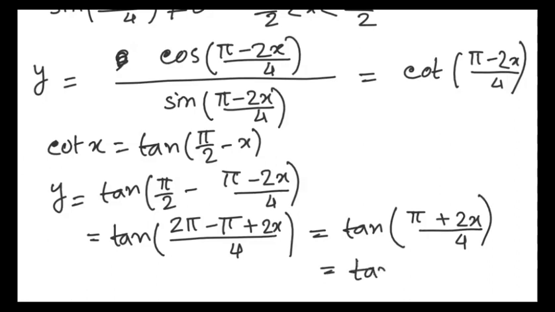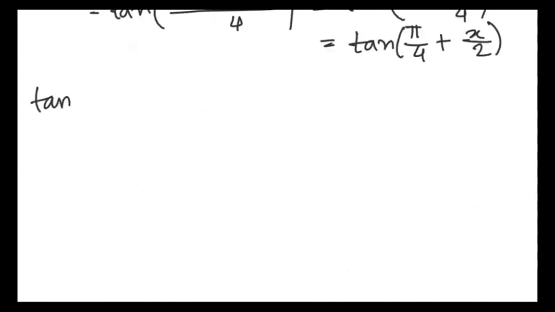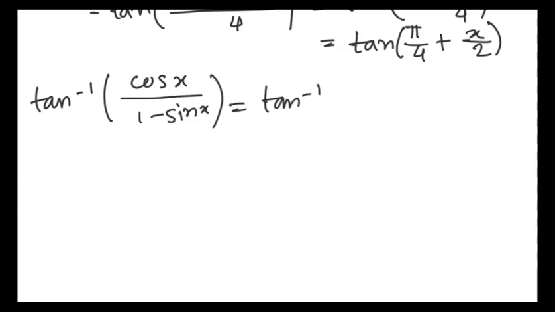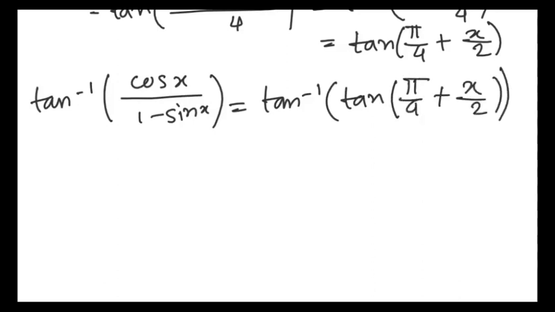So it becomes tan of (pi by 4 plus x by 2). So our expression tan inverse of cos x divided by (1 minus sin x) reduces to tan inverse of tan of (pi by 4 plus x by 2).